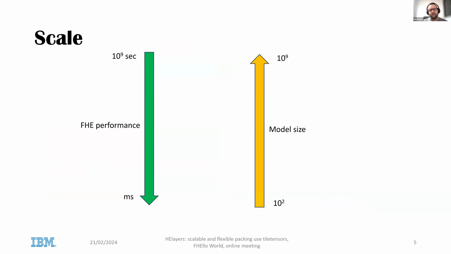So the first thing is scale. Scale is super important for us in HE layers. If we look at the past decade or so, there were many developments in the FHE world, and new schemes came out with great performance and great potential. We see fascinating techniques being developed around the world.